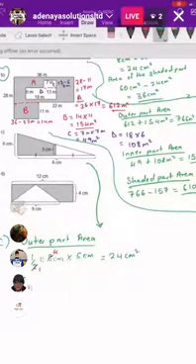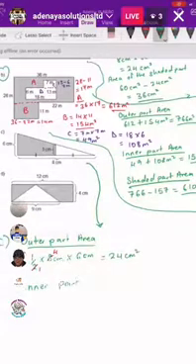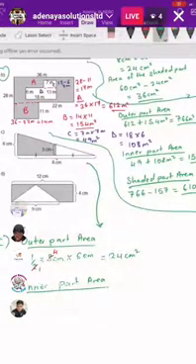And then the inside or inner part area, the area of the part that is not shaded, you still work it out. But remember, it shows equal signs here.